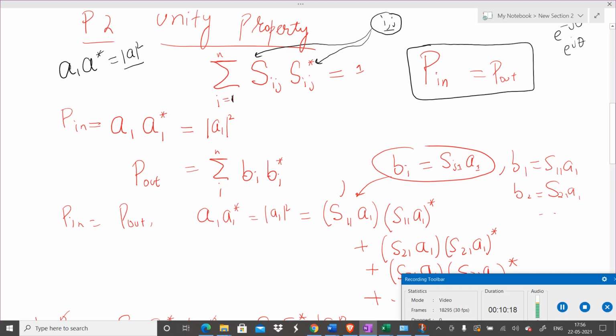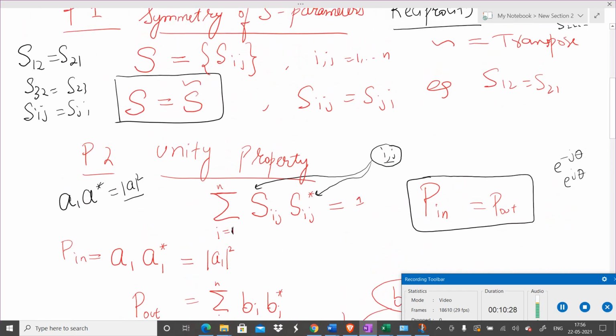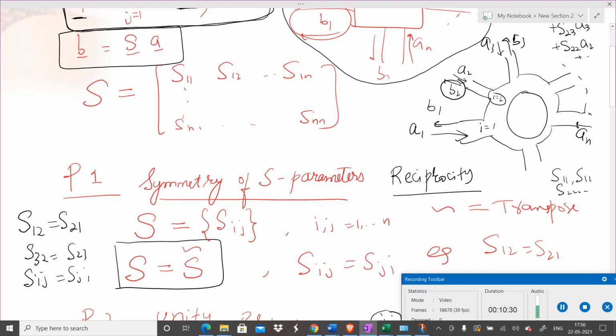Now what will be the output power? Corresponding to this input A1, there will be the reflected power at each and every port. Just see this diagram back. The outputs coming are B2, B3, B4.